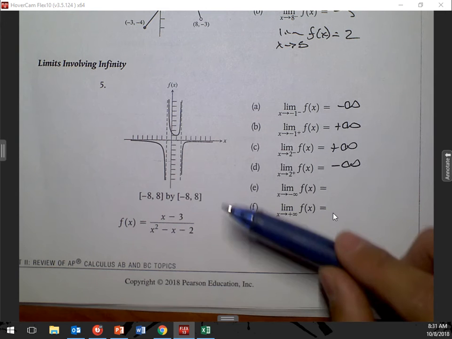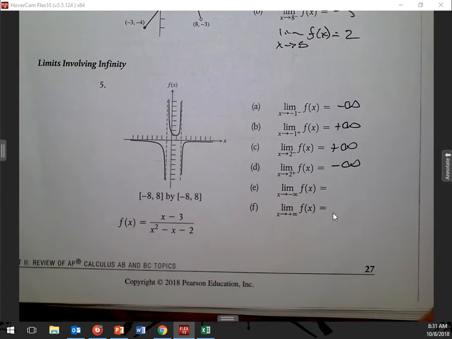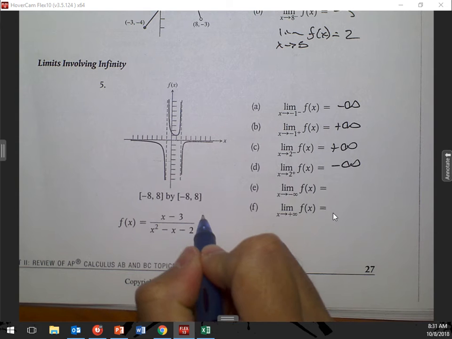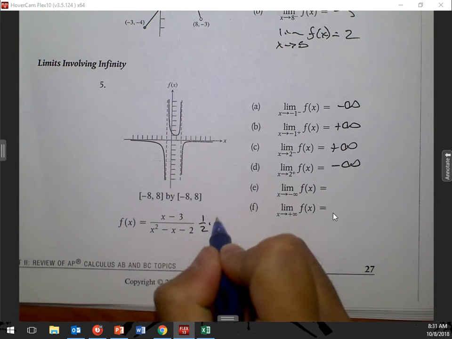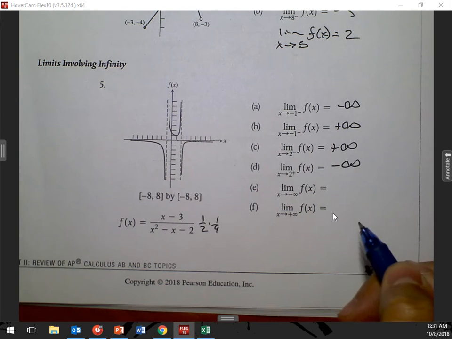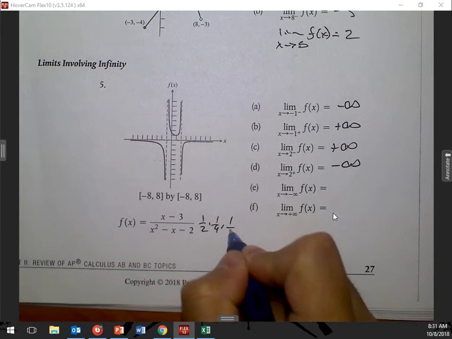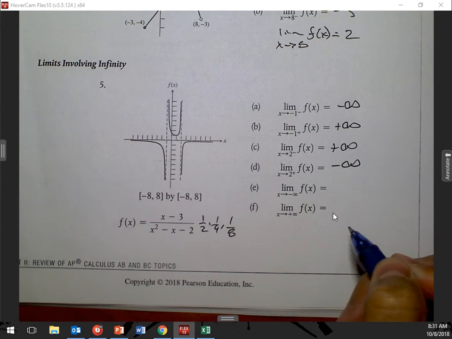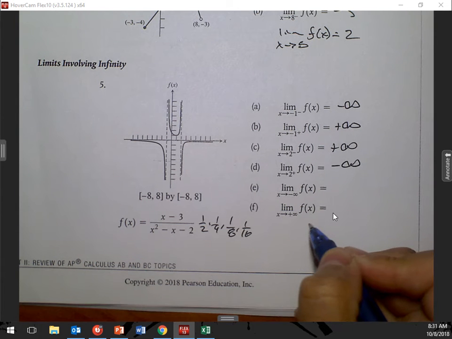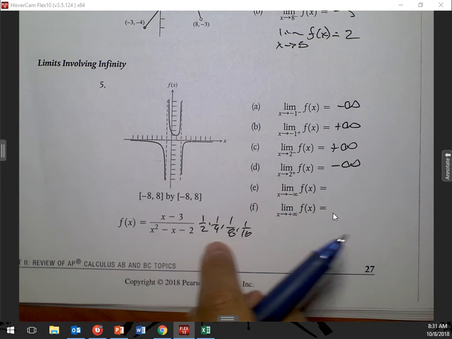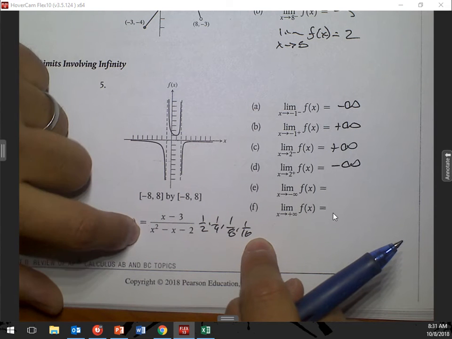If I start thinking about the numbers, the bigger the bottom number, the smaller it is. So if I have 1/2, then 1/4. The bigger the bottom number, the smaller it is. 1/8. Does that make sense? 1/16. It keeps getting smaller and smaller because the bottom keeps getting bigger.